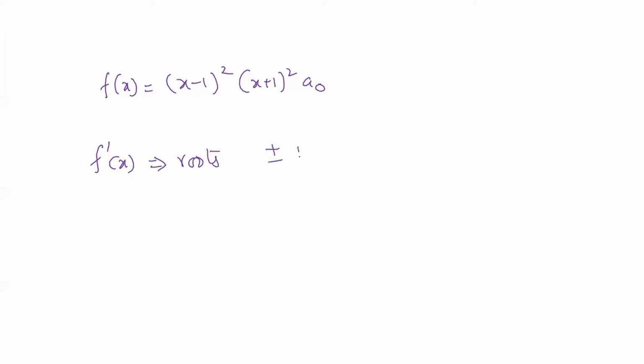So ultimately, f of x is (x minus 1) whole square into (x plus 1) whole square into a constant. So f dash of x is going to have the roots plus minus 1 because of the repetition, and there is going to be another root c, where c belongs to the interval from minus 1 to 1. So we are eliminating any extra possibility.